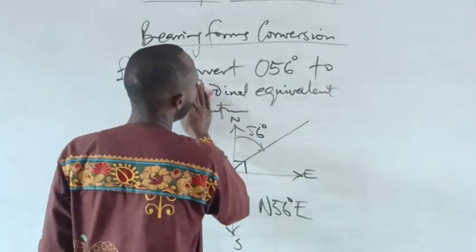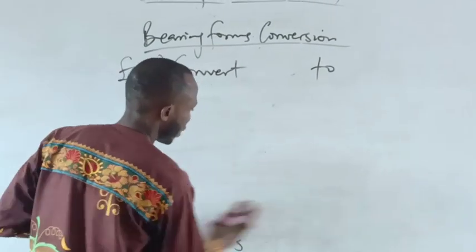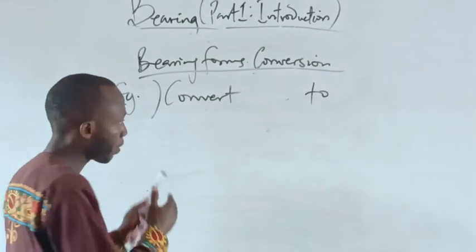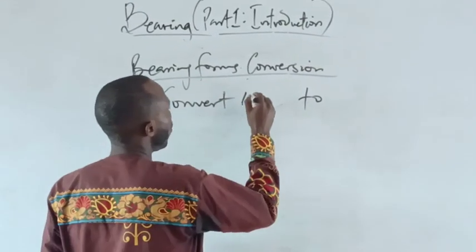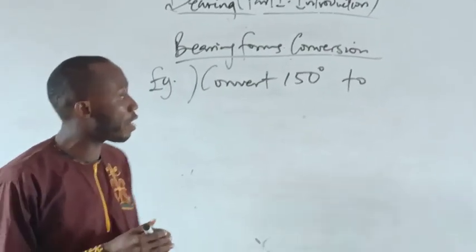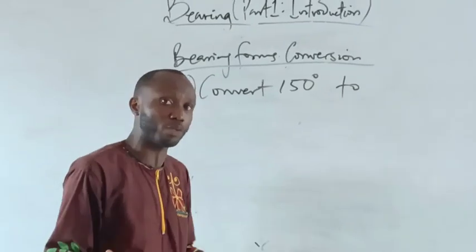So we are going to convert. We are still converting from the 3-digit to the cardinal. So for example, 150 degrees. Don't forget it's 3-digit. So when you have a 3-digit angle, don't put 0 anymore because it will not be 4 digits.